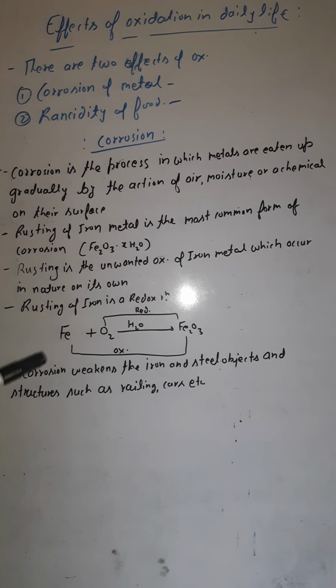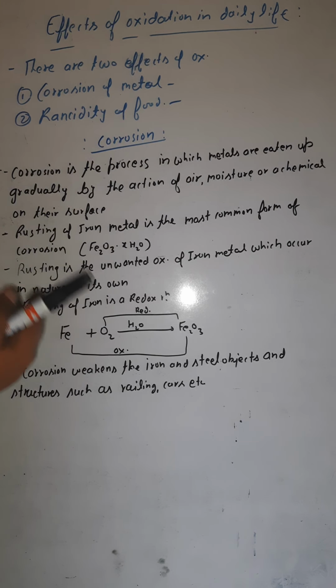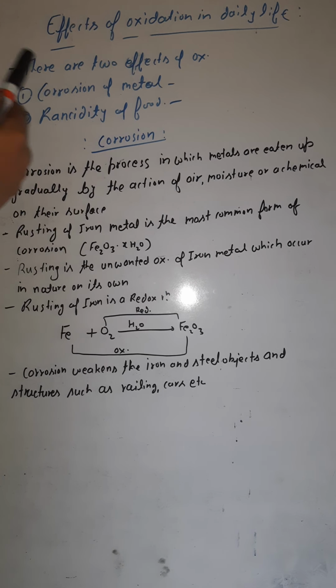Corrosion of metal means the metals are slowly eaten up, gradually, by the action of air. If you keep a metal outside in air, it would gradually be eaten up by the action of air on it. So this we call the corrosion of metal.